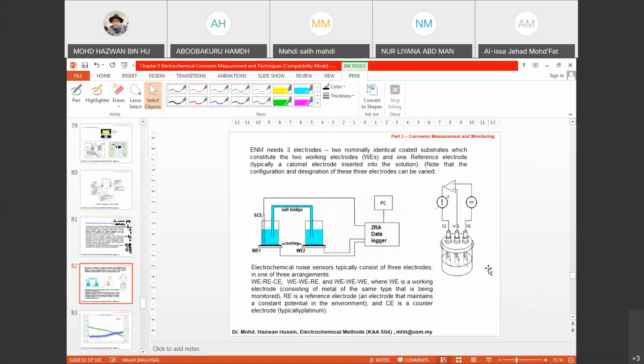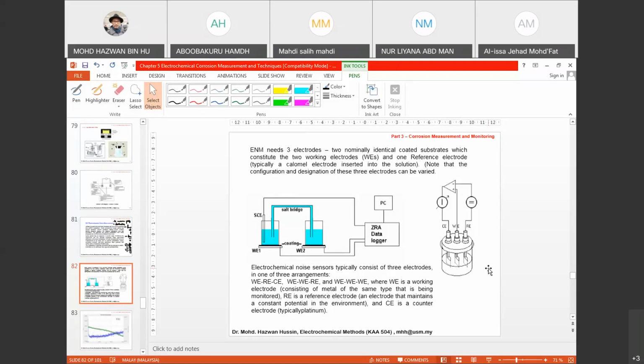So as I said, for electrochemical noise, you can actually do it with 3 electrodes and also 2 electrodes. In 3 electrodes, you can have a pairing of working electrode, reference, and counter, the normal way. You can also have 2 working electrodes, similar to each other, like in the figure, dipped in 1 reference electrode.